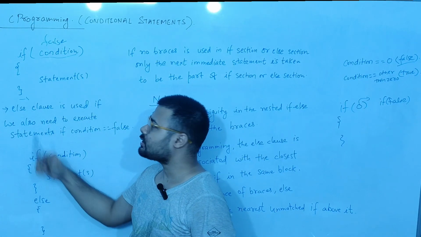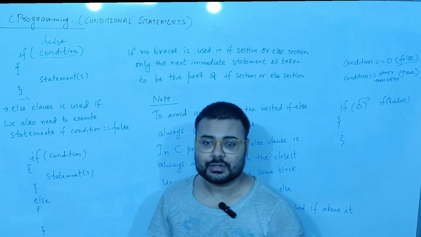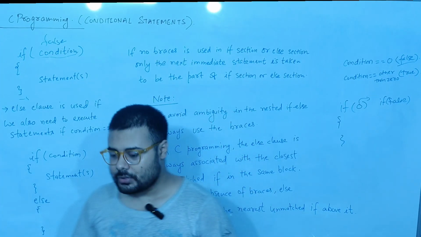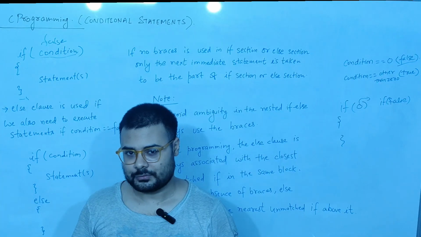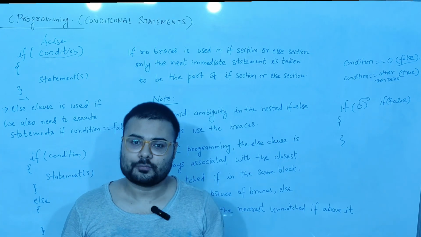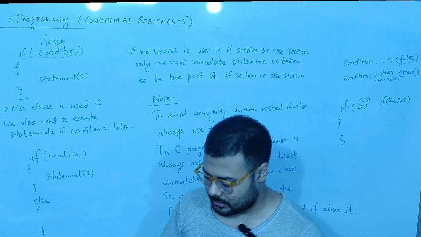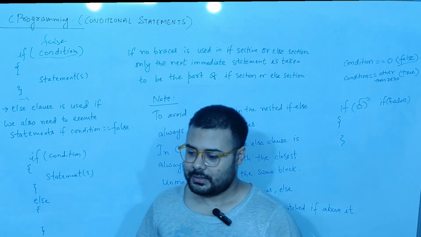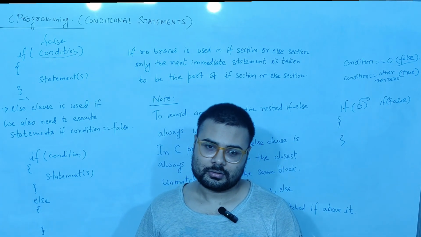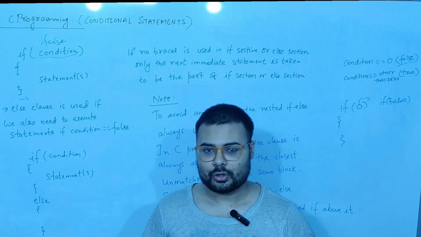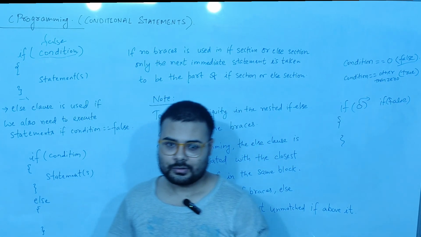And this is your else clause. Sometimes with if you also have else attached to it. You want to execute some statements if some condition becomes true, but you have another set of statements to be executed if your condition becomes false. For example, if the two numbers are even, you add them, and if any of the numbers is not even, then you multiply the two numbers.